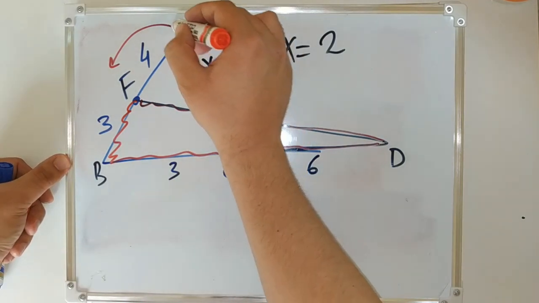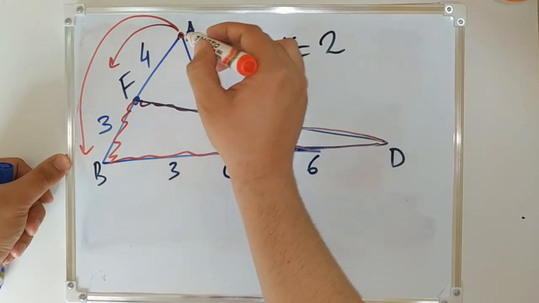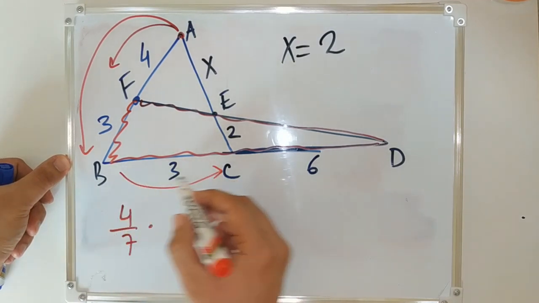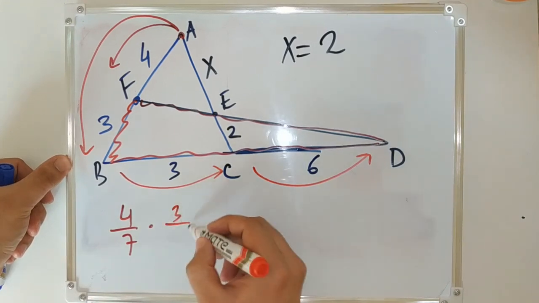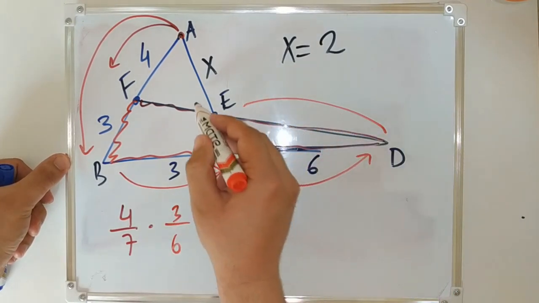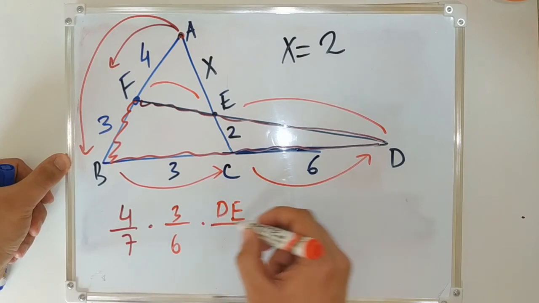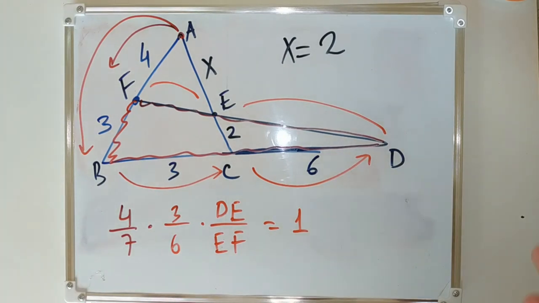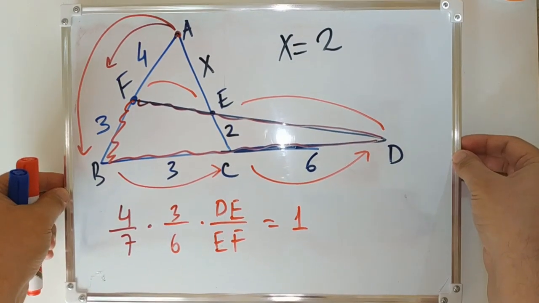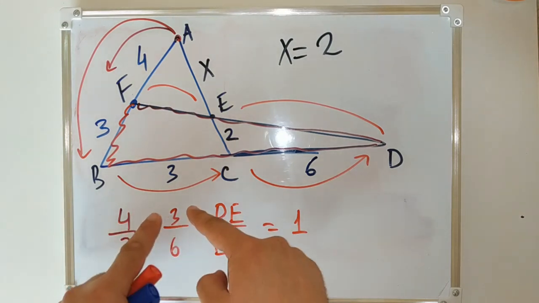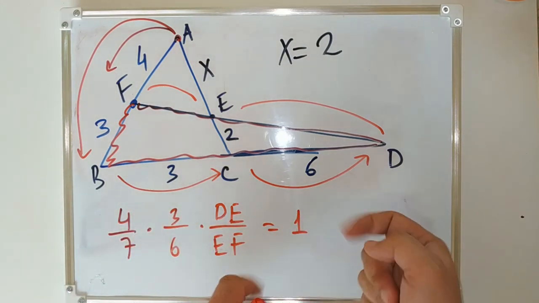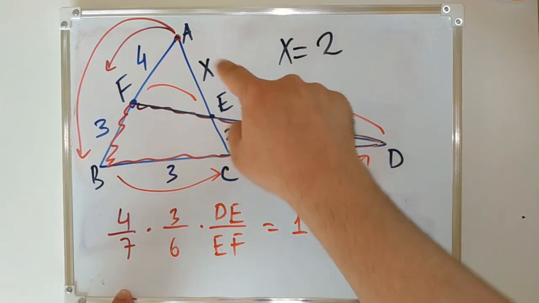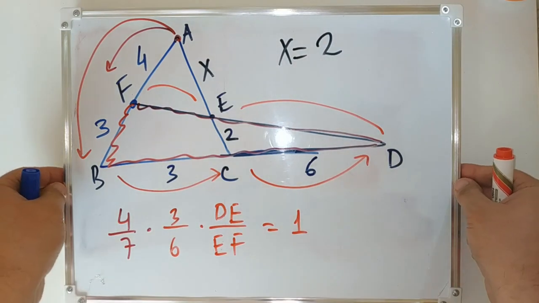So I'm going to get AF over AB, which is 4 over 7, times BC over CD, which is 3 over 6, times DE over EF, is equal to 1. Normally this is correct. The Menelaus theorem tells us 4 over 7 times 3 over 6 times DE over EF is equal to 1. But this is not enough for us to find the value of x. So what should we do here?